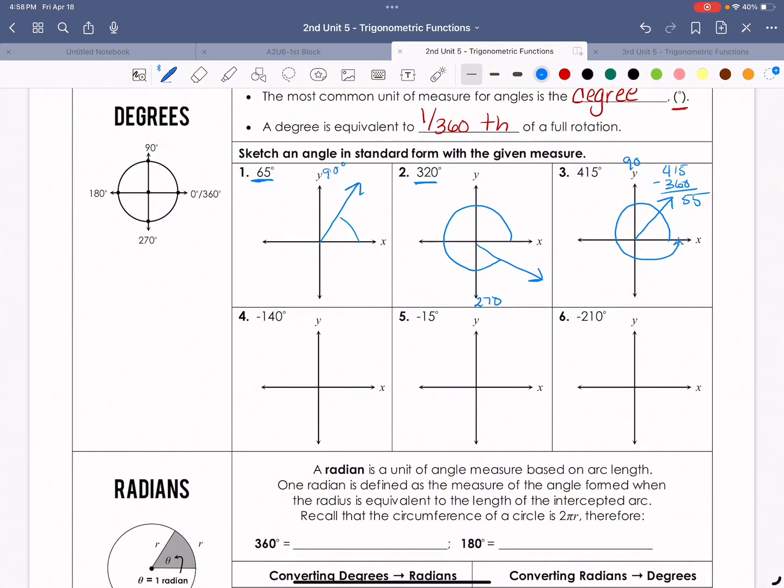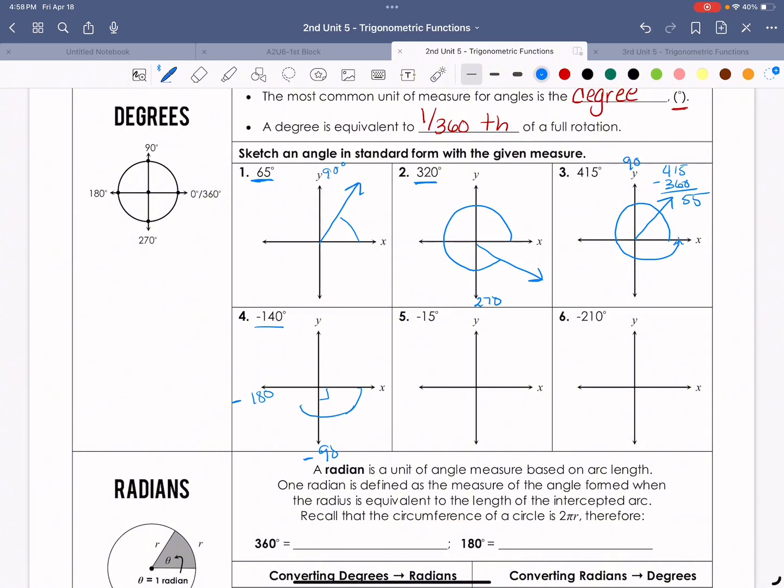Now for negative 140, we're going to be going backwards. We're going to go in a clockwise direction. Going clockwise, this would be 90 degrees worth, and this would be 180. It would actually be negative 90 and negative 180. So where would 140 be?